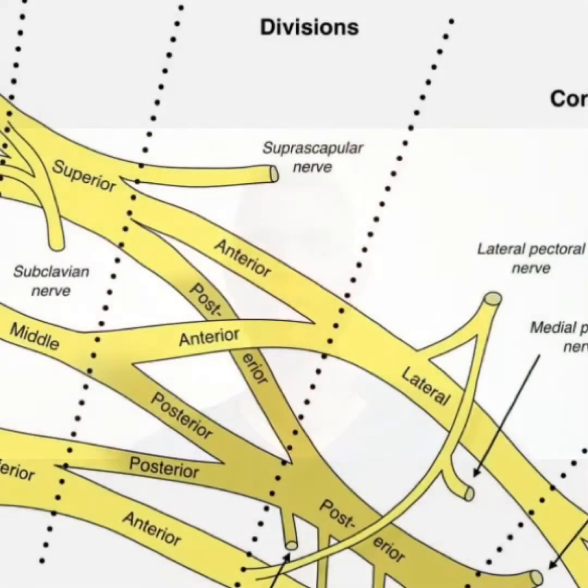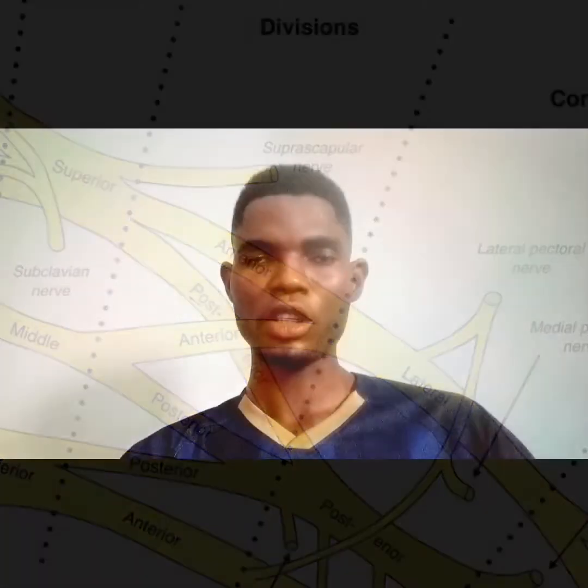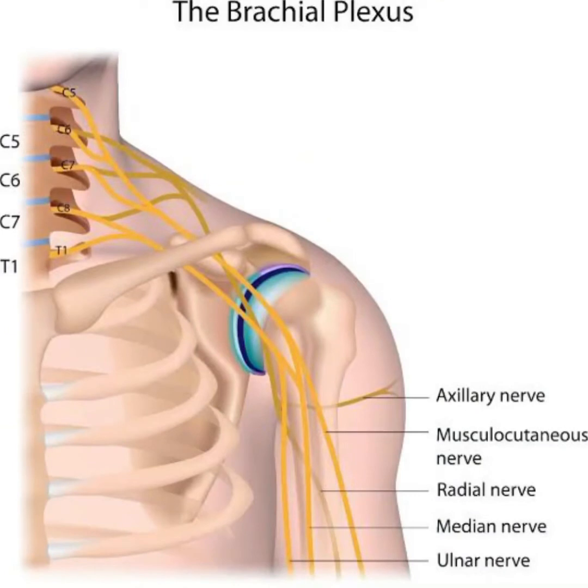All right, so now let's move over to the divisions of the brachial plexus. Remember we said that the brachial plexus starts from the root of the neck, and then it gets to the posterior triangle, then enters the axilla and then the upper limb and supplies the muscles of the upper limb.